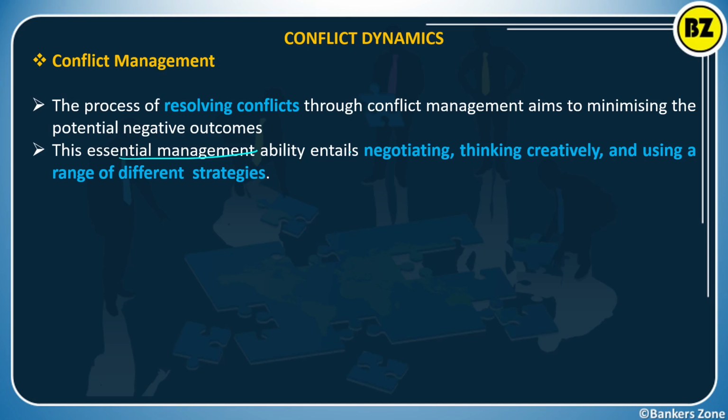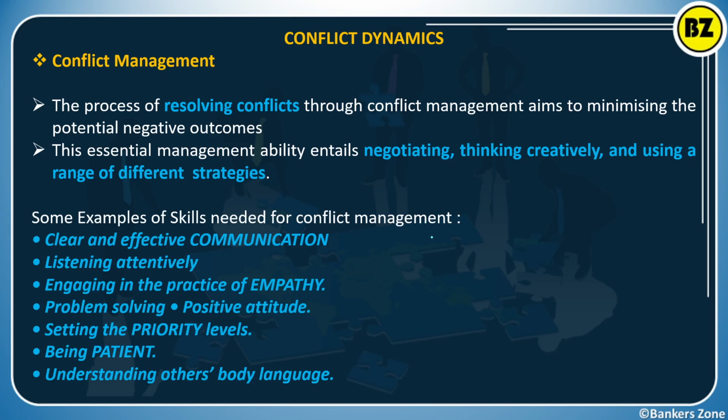So an essential management ability is that we should negotiate. If you have to manage the conflict among the people, you should have the capability of negotiation, thinking creatively, and using a range of different strategies to minimize the conflict, right? Now see here some examples of the skills you should have for conflict management. Just understand, no need to mug up. You should have clear and effective communication skills.